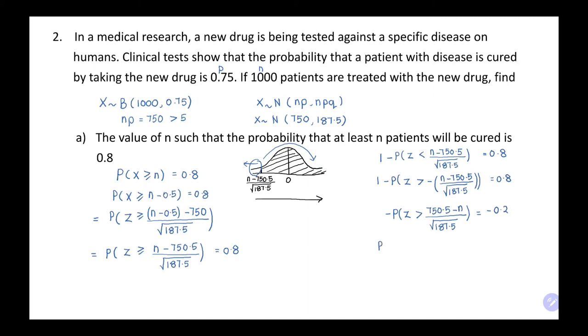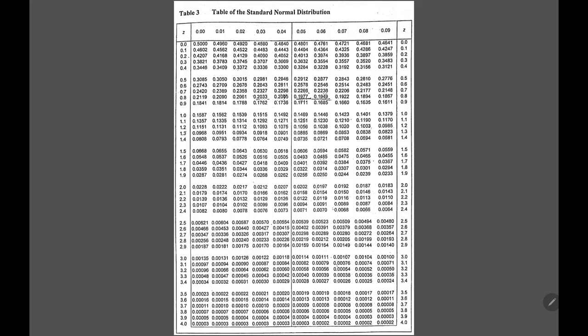Then we solve, we get P(Z greater than 750.5 minus N over square root of 187.5) equals to 0.2. Okay, now Z greater than, and value Z is positive. So we check table where our area is 0.2. So we check table, kena cari dalam table kat mana ada 0.2. So we check where is 0.2 inside the table.